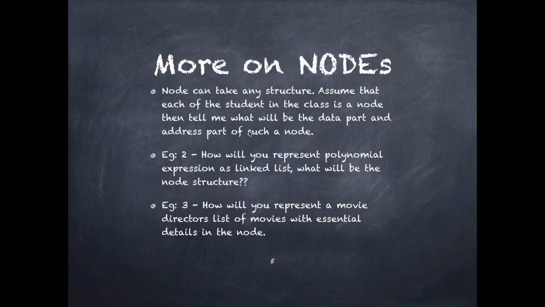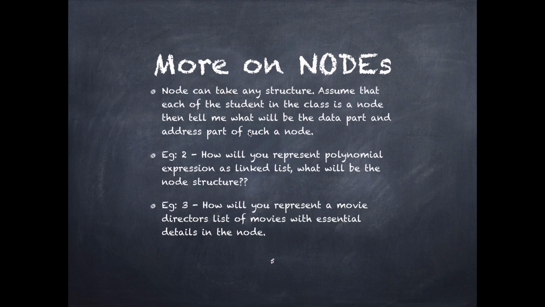That means the address part of the last node will be set to null. That means there is no more pointer, which represents the end of the linked list. Hope I am clear with that structure.